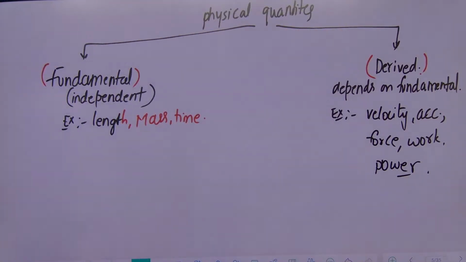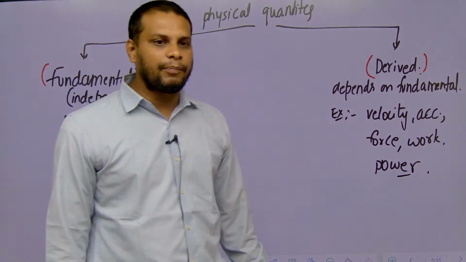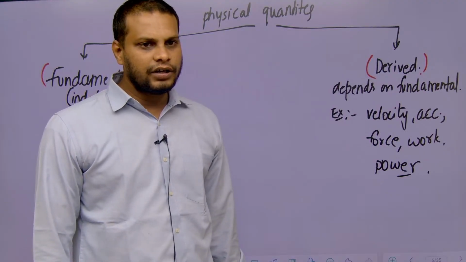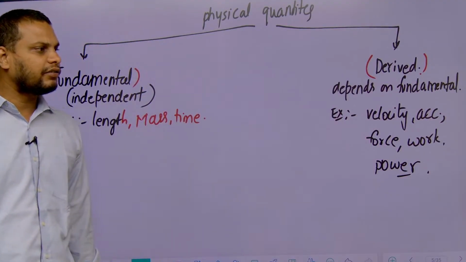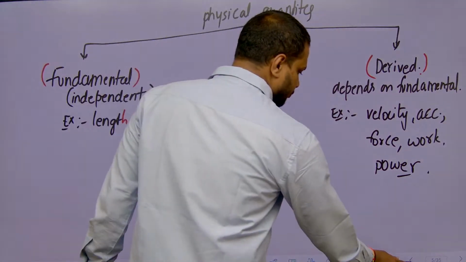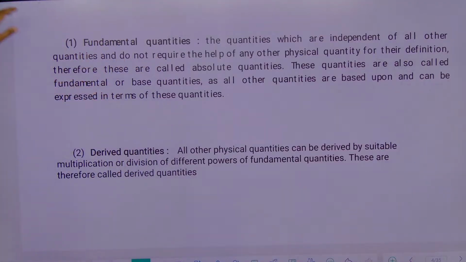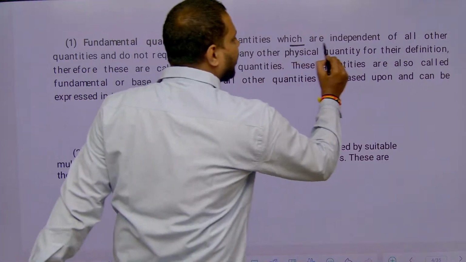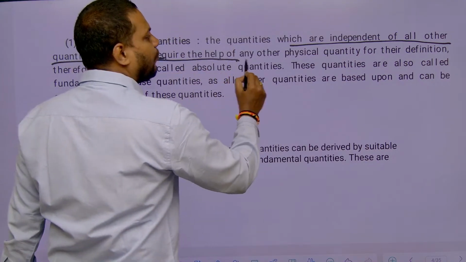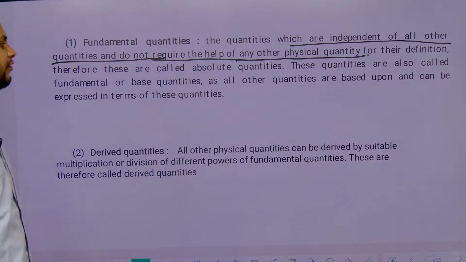So what are fundamental quantities? Which are independent. They do not depend on any other physical quantities. Then what are derived physical quantities? They depend on fundamental physical quantities. If you want the definition: the quantities which are independent of all other quantities and do not require the help of any other physical quantities for their definition.